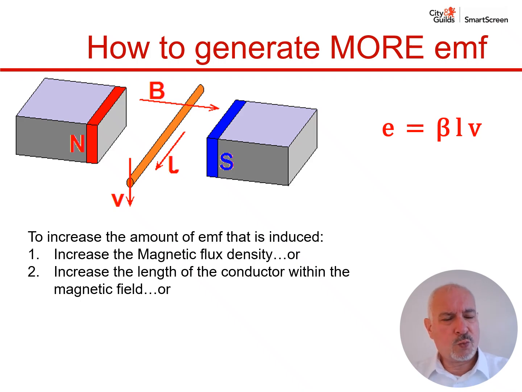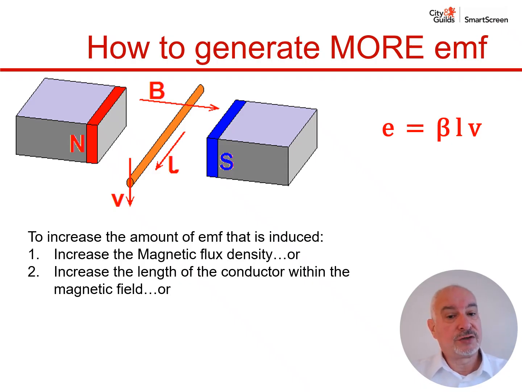Well, one way of increasing it would be to just extend the length of the magnetic field, but that's not terribly practical. But a much more effective way to do that is to wind the conductor into a coil. Now, we've seen previously the use of a coil in order to induce a magnetic field.